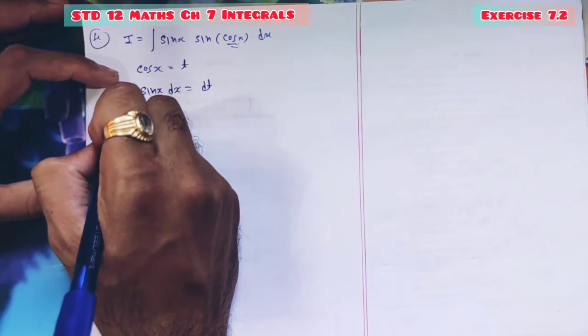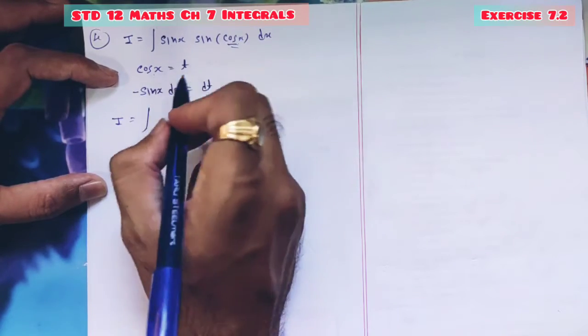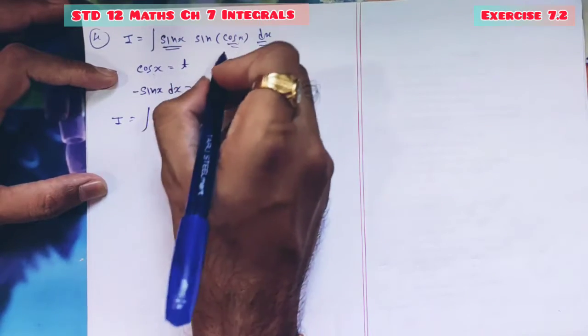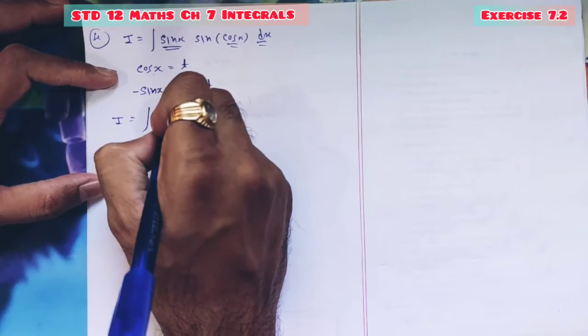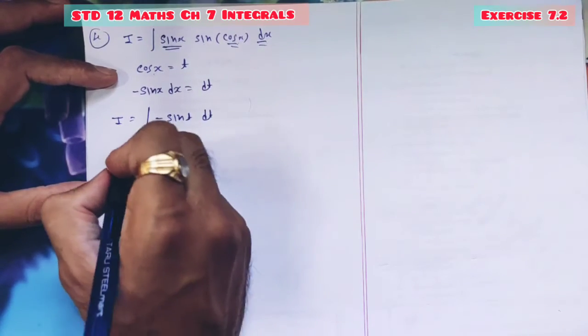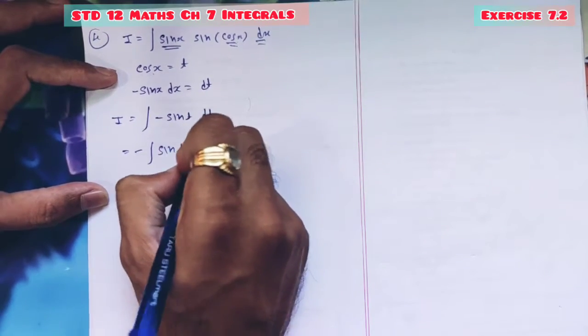So put these values. So I equal to cos x now, minus sin x dx. So sin x dx, we can write minus dt, and this cos x as t. So it will be minus sin t dt, no, minus t dt.